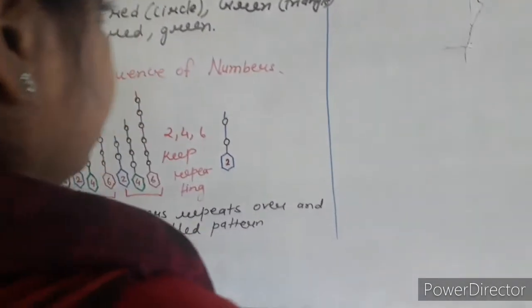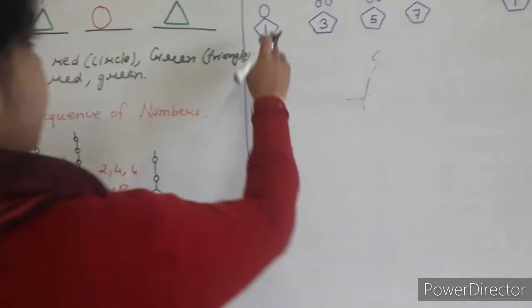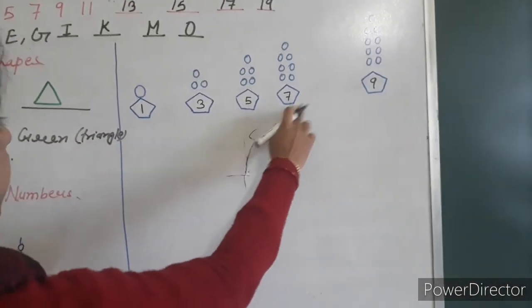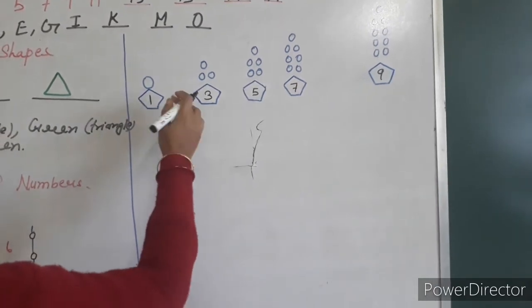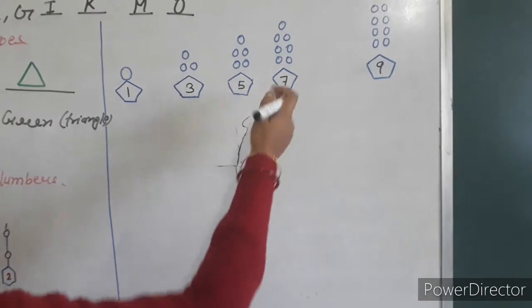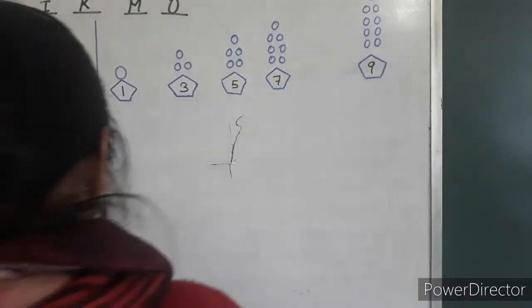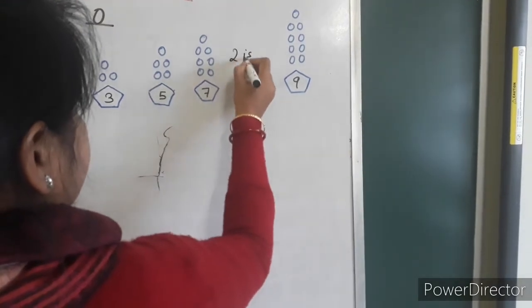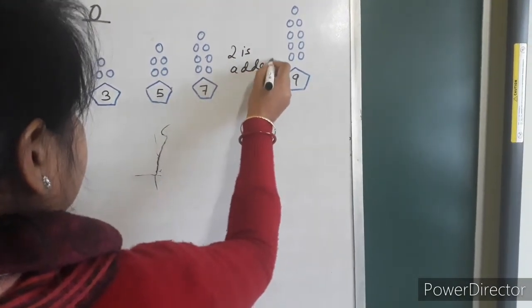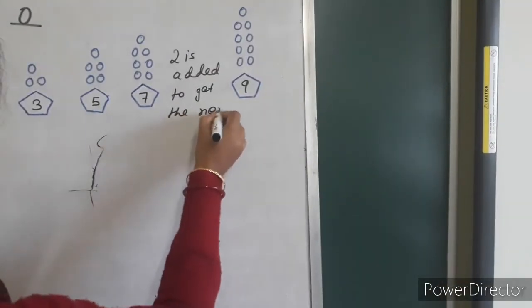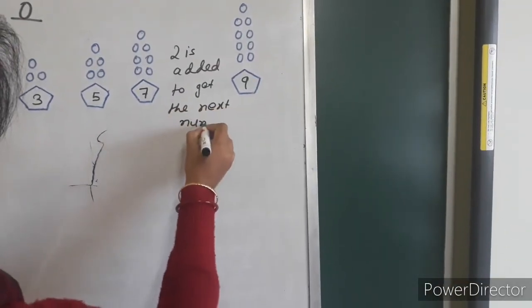Here the another example is: here 1 bead is there, then 3, then 5, then 7, 9. Here after 1, 2 is skipped, then 3, then 5, 7, 9. Then we can write that 2 is added to get the next number.